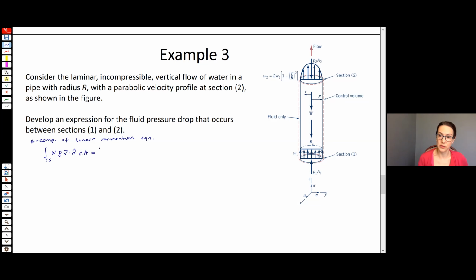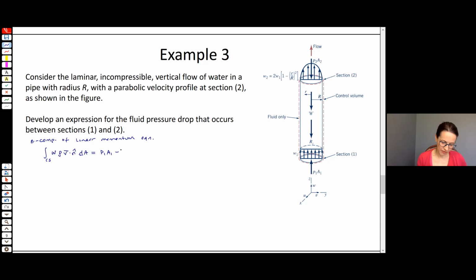So we've got one term like that, because this is a one-dimensional flow. And then the forces in the vertical direction are the pressure force on section 1 at the bottom. We've got that uniform pressure P1 times that area A1. And that's in the positive direction because pressure always acts inwards on the control volume. If you remember that from chapter 1, pressure force is always acting inwards on any object, including a control volume.